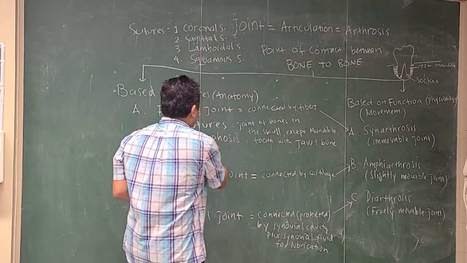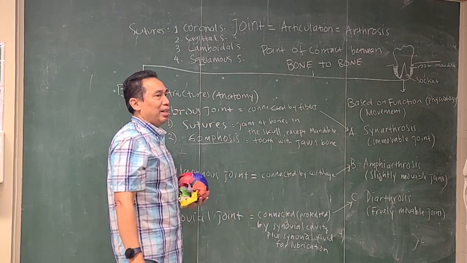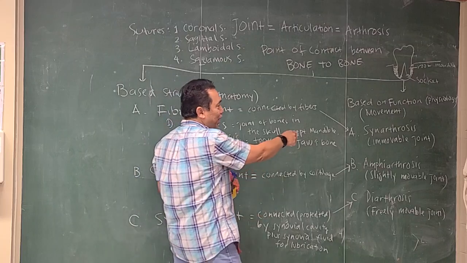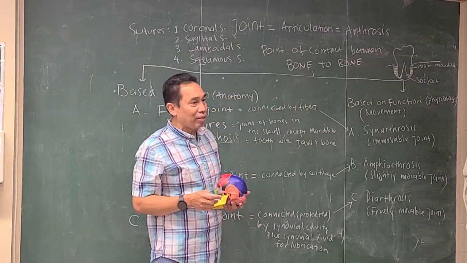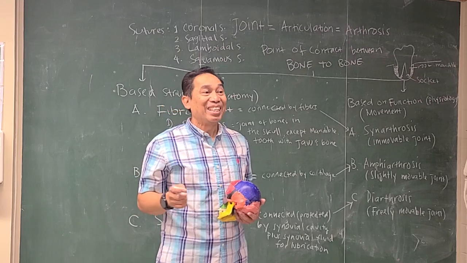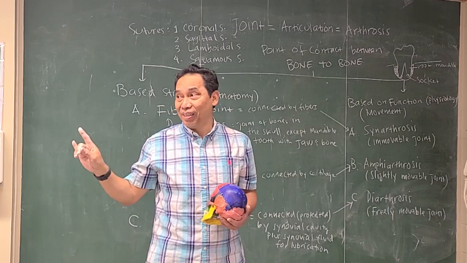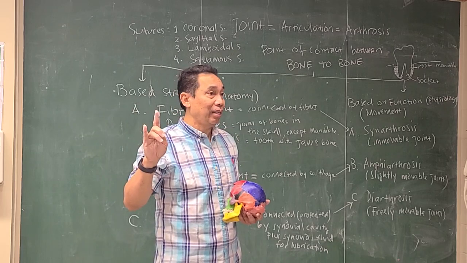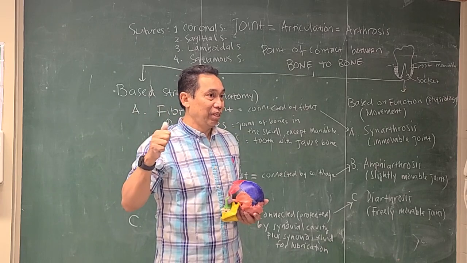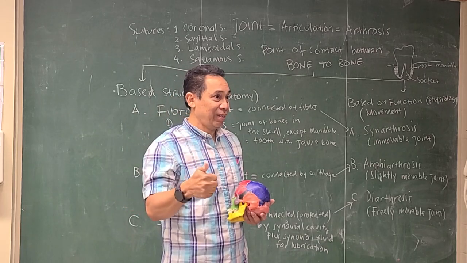So this gomphosis, what is the function going to be? Synarthrosis, amphiarthrosis, or diarthrosis? Synarthrosis, immovable. Your teeth should not move in the socket. It should be steady, good, fixed.